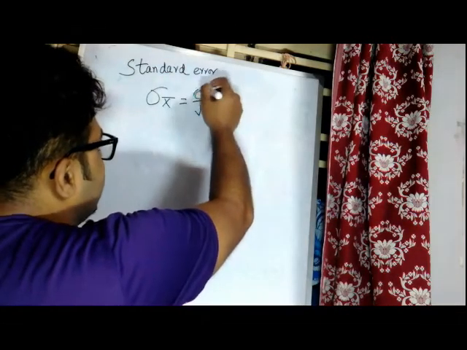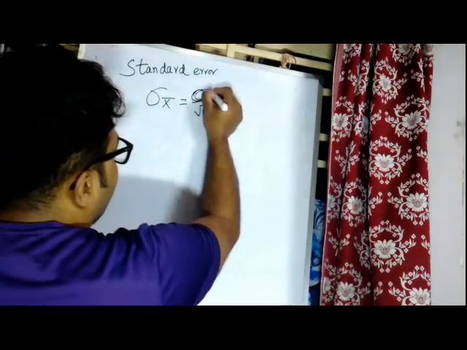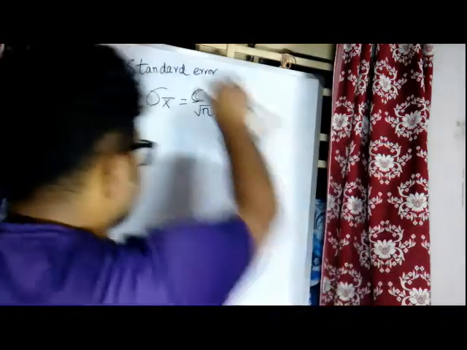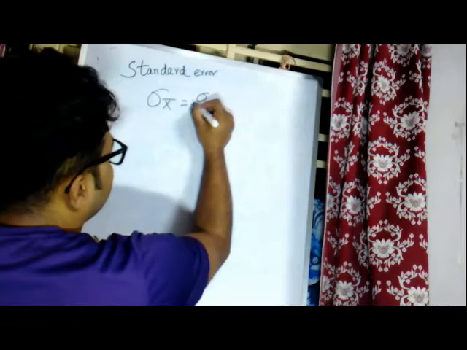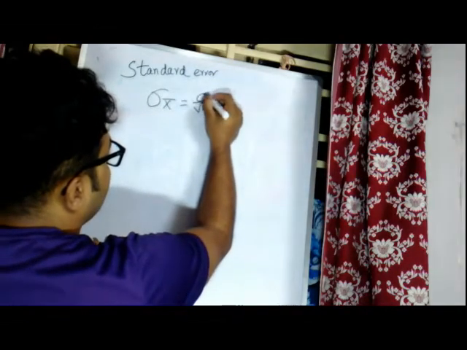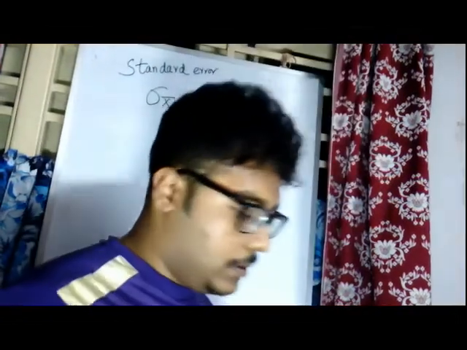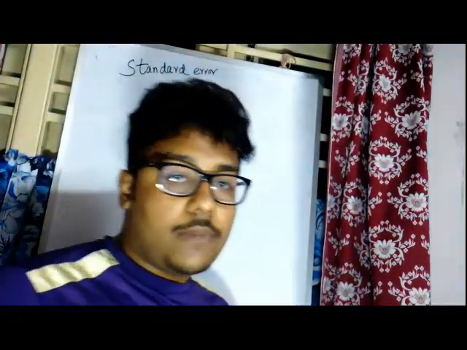Now this sigma, the standard deviation, represents how much the population is deviated from the actual population mean.